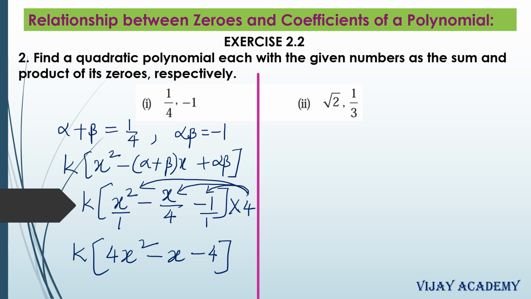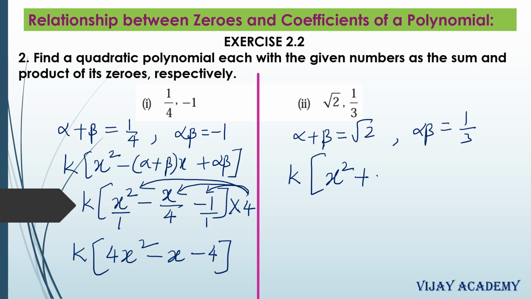So second one, in the same way, the sum of the zeros is root 2 and the product of the zeros is 1 by 3. So alpha plus beta is root 2 and alpha into beta is 1 by 3. So substituting this in the quadratic polynomial, we get k times x square minus root 2 times x plus 1 by 3.